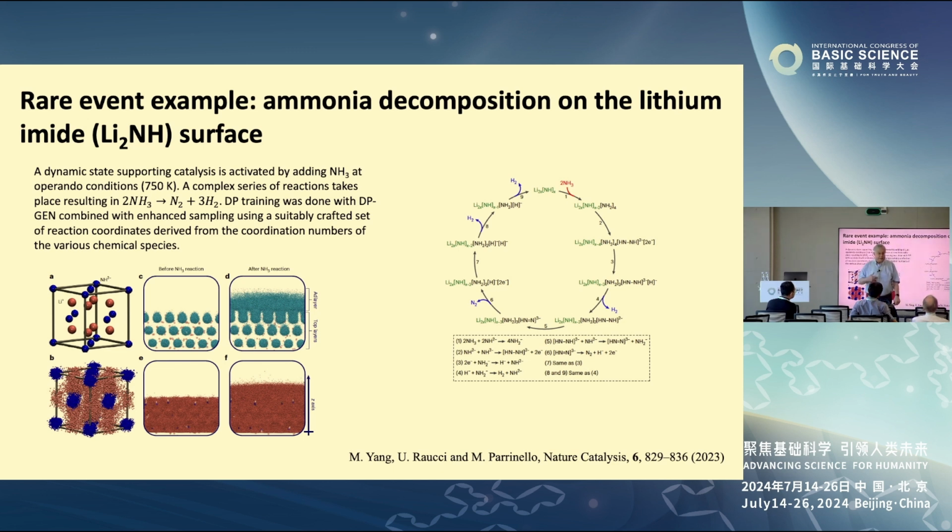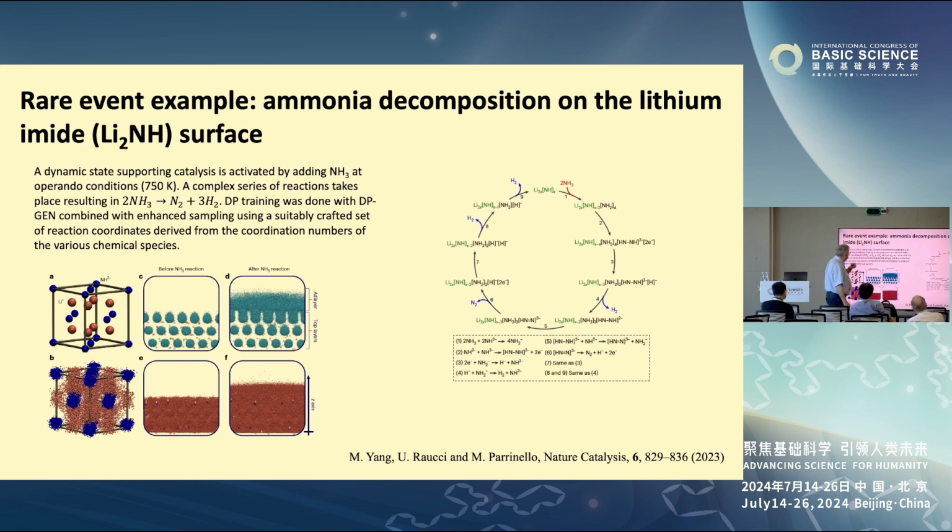That is very important, because in order to have catalysis, you don't have to have just one reaction, but as you keep providing ammonia, this ammonia should be reduced into nitrogen and hydrogen continuously. And this is one possible cycle that they proposed. So this is a very interesting work.